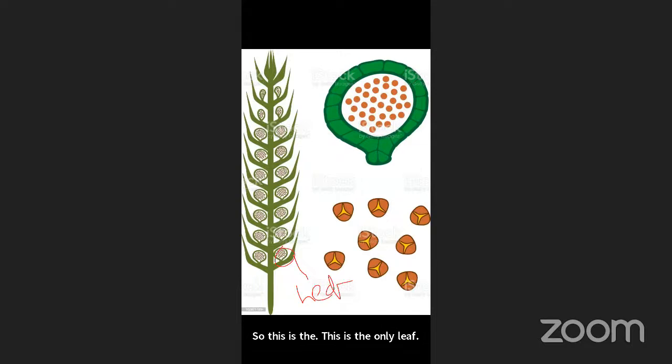This is the sporangium. Both are developed on the axis, right? Inside the sporangium, spores are developed.